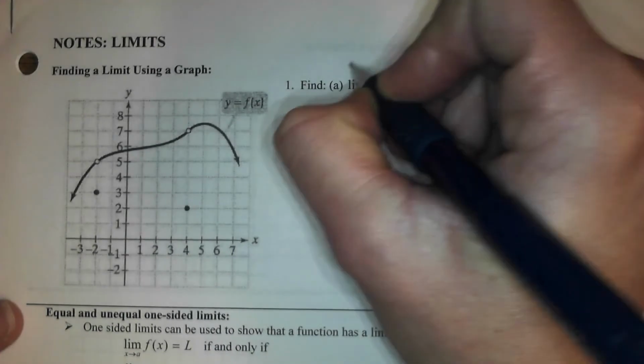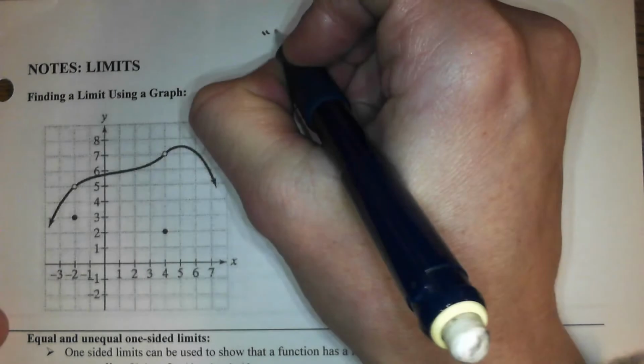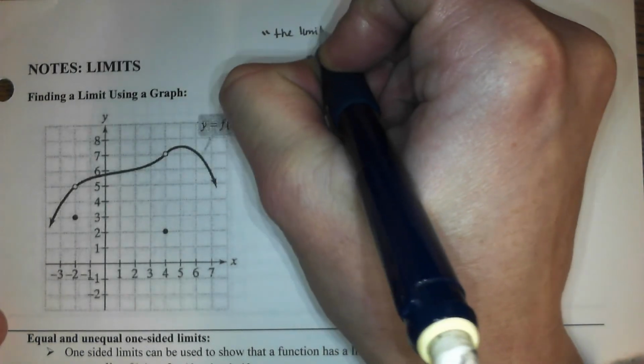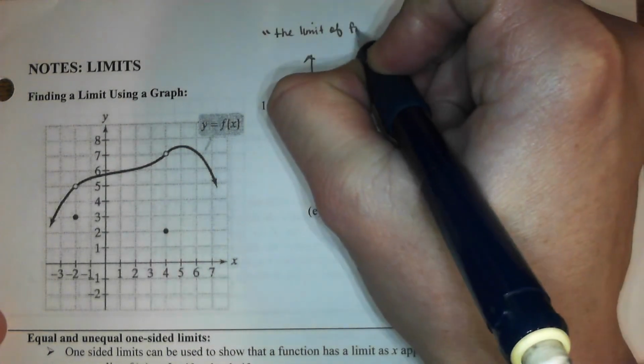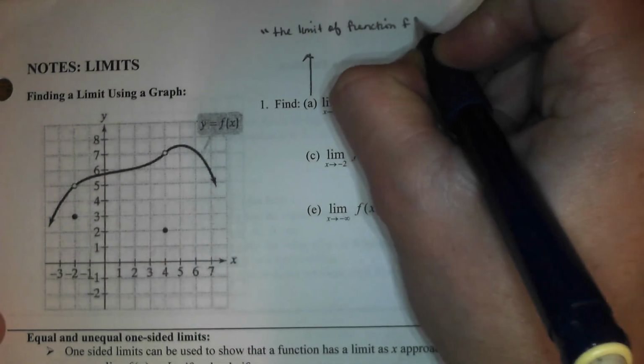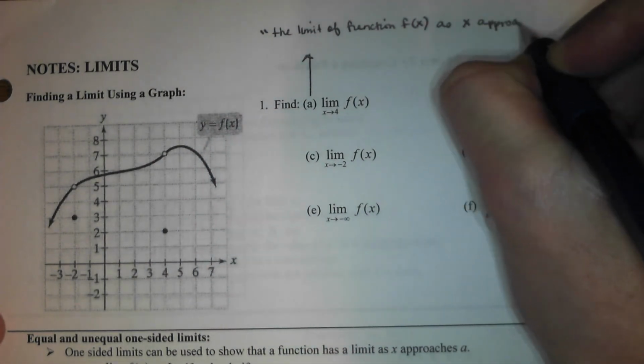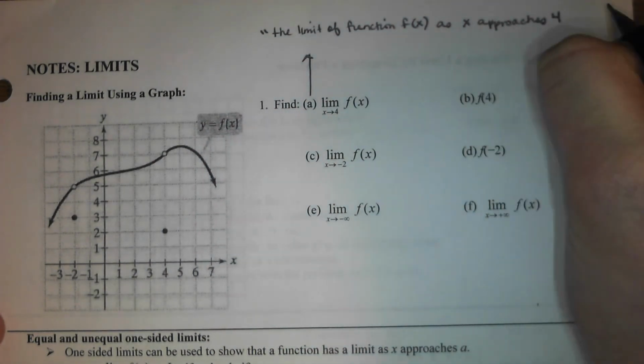So I'm just going to, above A, write that in words so that you remember. The limit of function f of x, which is the function we're looking at a picture of, as x approaches 4.